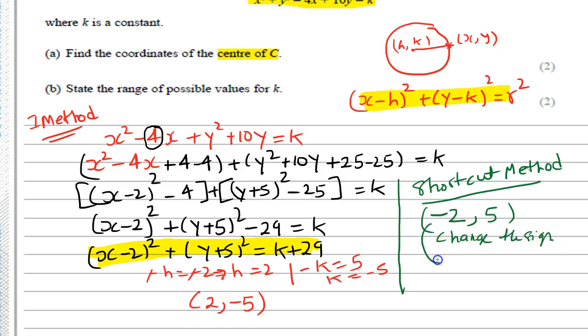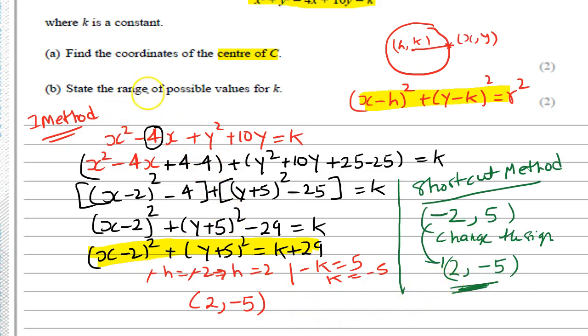So minus 2 converts into 2 and 5 converts into minus 5. So you got the center. Whatever is the coefficient of x, you divide by 2 and change the sign. Whatever is the coefficient of y, you divide by 2 and change the sign. Nice and easy, and you can always match your answer. You are missing a couple of steps, but it is a nice way of checking the answer.